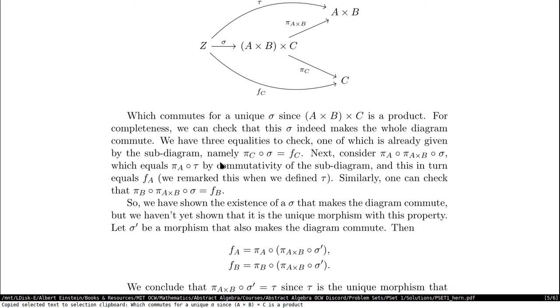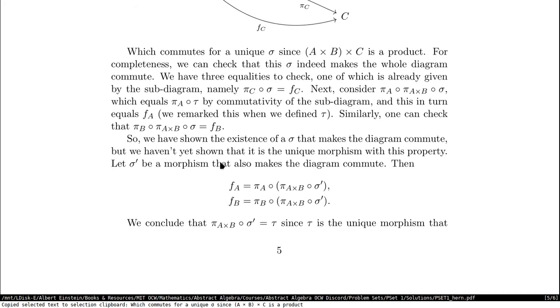So he just proved that if you have such a sigma, then your diagram commutes, but you have to show that there's a unique morphism sigma which actually does this.